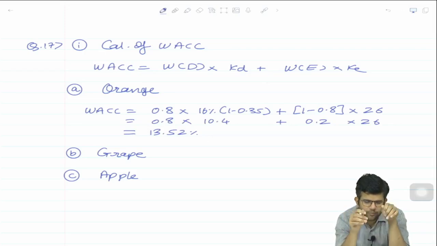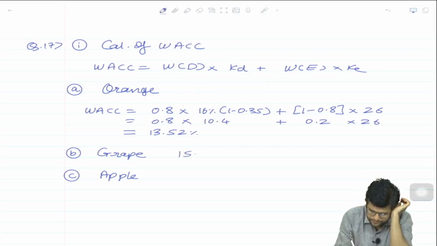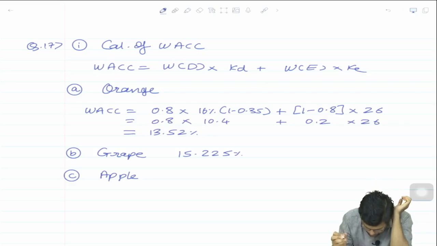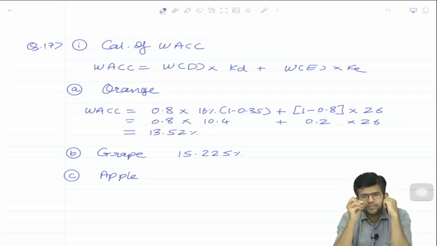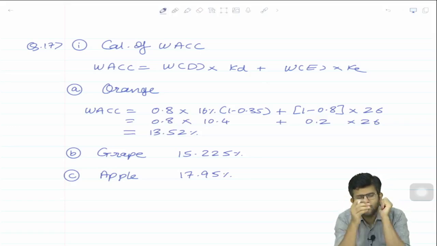The Grape is 15.225. Okay. 17.95. All done?